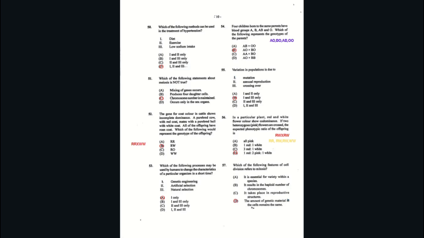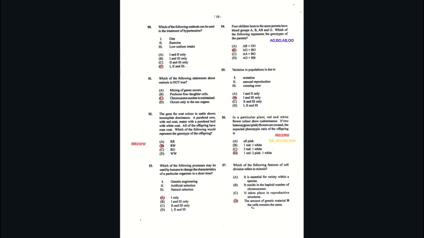Now question number 51. Which of the following statements about meiosis is not true? So we have A, mixing of genes occurs. That is true. B, produces 4 daughter cells, that are also haploid. That is also true.